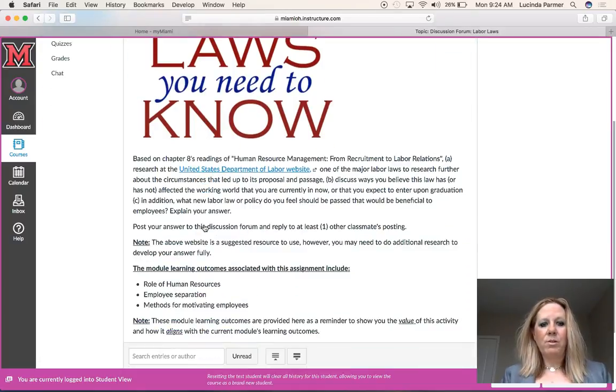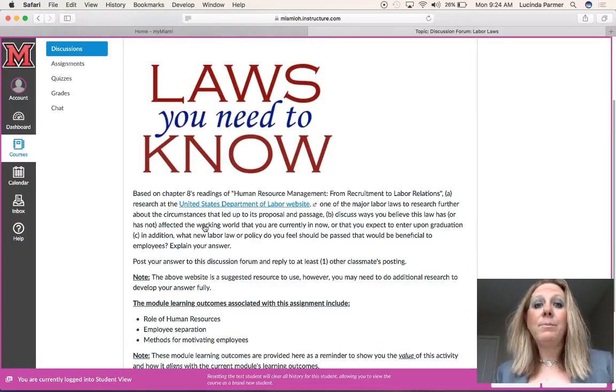So your labor laws, this is important because as an employee, you want to know your rights. And if your rights ever get offended or anything like that, you want to know the steps that you can take. But you also want to know your rights. The Equal Employment Opportunity Commission, EEOC, is the agency that handles if you feel like your rights have been violated. You can file a report with them, and then they decide whether to pursue it or not.